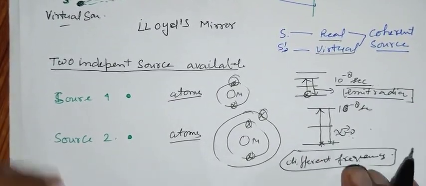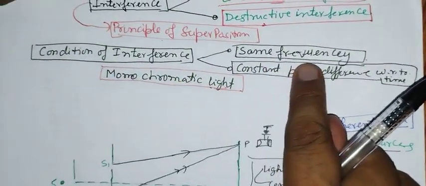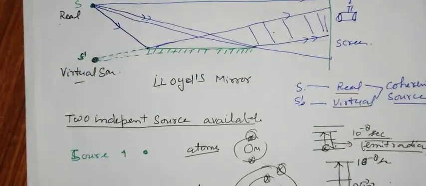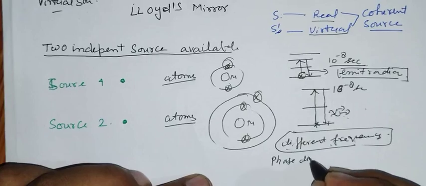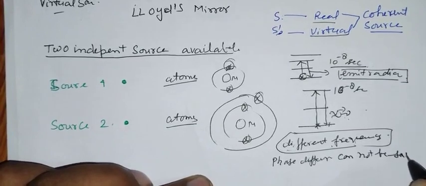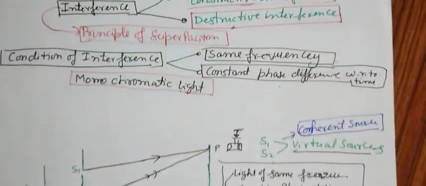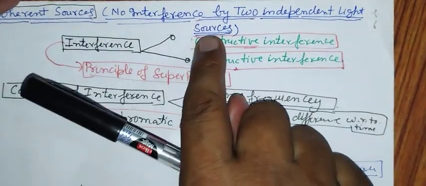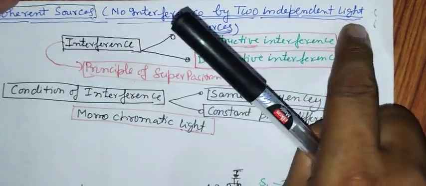Different frequency is not a condition of interference; for an interference pattern, the same frequency is needed. If the frequency is not the same, then a constant phase difference cannot be maintained. See carefully: that is why it is written here that two independent light sources cannot produce interference.